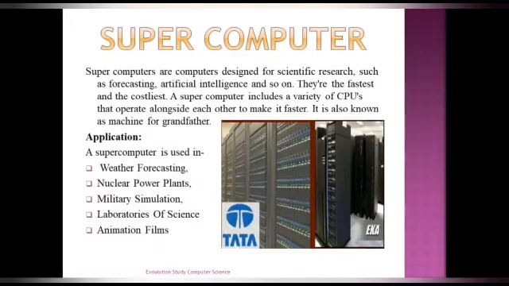It is also known as the grandfather machine. Application: a supercomputer is used in weather forecasting, nuclear power plants, military simulation, science laboratories, and animation films. A picture of the same is given here on the right-hand side.